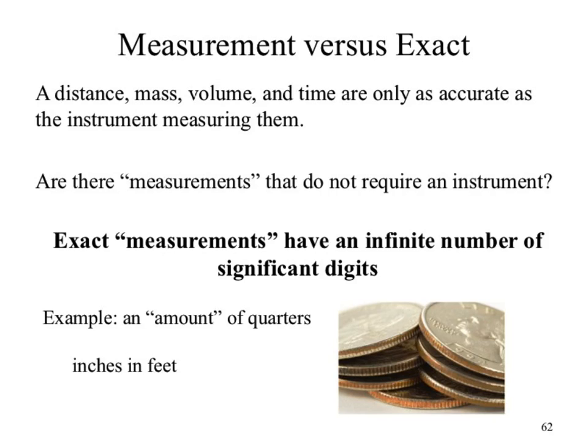So the amount of quarters is a good example. So we have to watch out for exact measurements. They're not typically measurements. What they are is definitions. Counting things is an exact value. The number of people in this classroom, we're not going to have fractional people. We have an exact value of people. Kind of make sense?